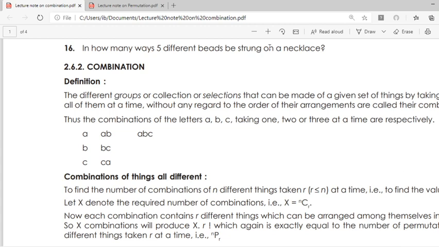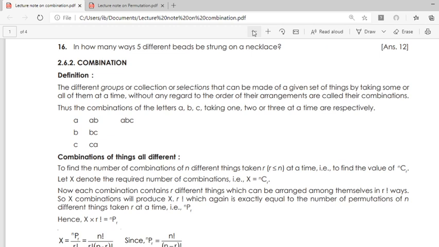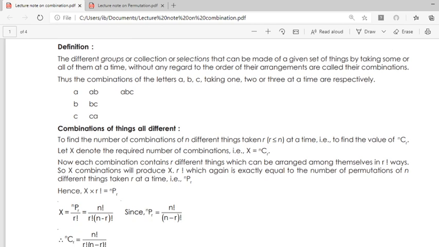When we did permutation, we said that the order of the arrangement is put into consideration. So combination is the different ways of collection or selection made out of a given set of things, taking some or all of them at a time without any regard to the order of the arrangement.